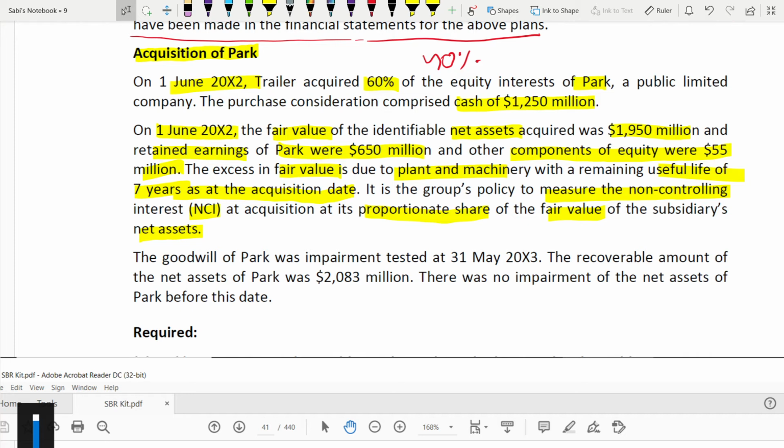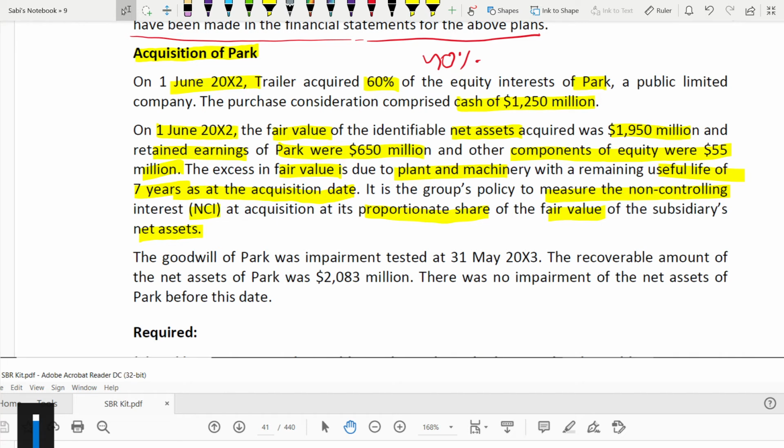Now, the goodwill of Park was impairment tested on 31st May 2003. So the recoverable amount, okay? So, definitely there is an impairment in the goodwill. So, when impairment comes, what else comes?